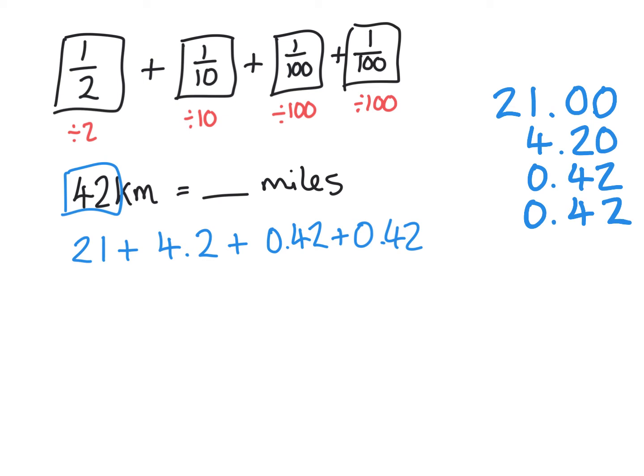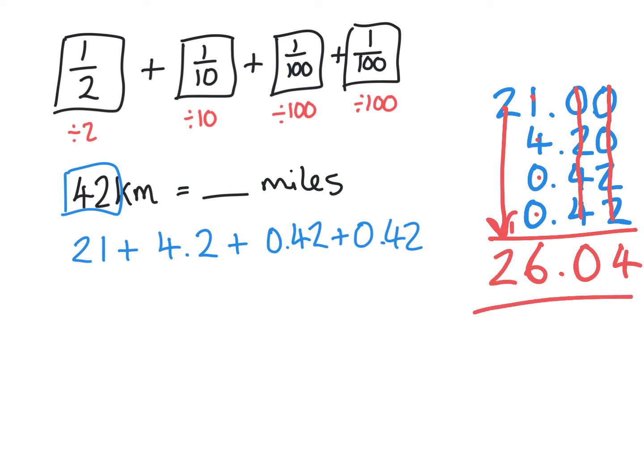So we can work down this column. We're going to have 2 plus 2, which is 4. This column, 0 plus 2 is 2. Add 4 is 6. Add another 4 is 10. 1 plus 4 is 5. Add 1 is 6. And then the 2 with nothing would be 2. So the answer is 26.04 miles.